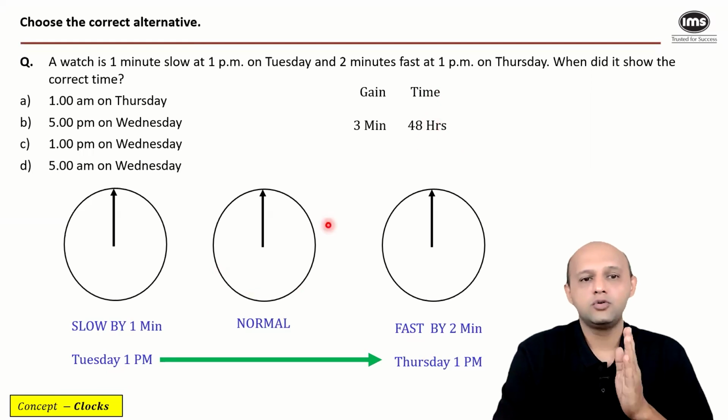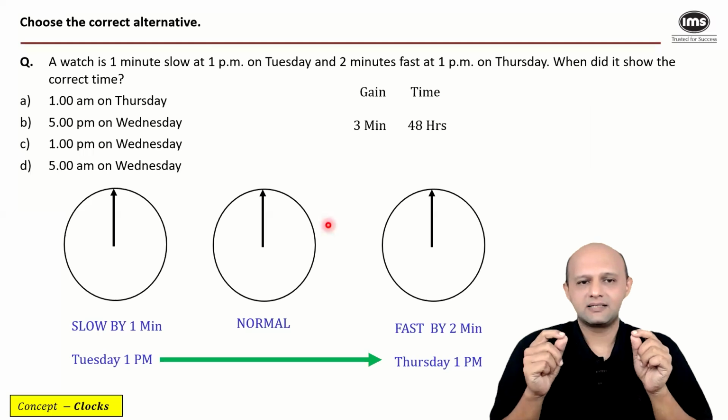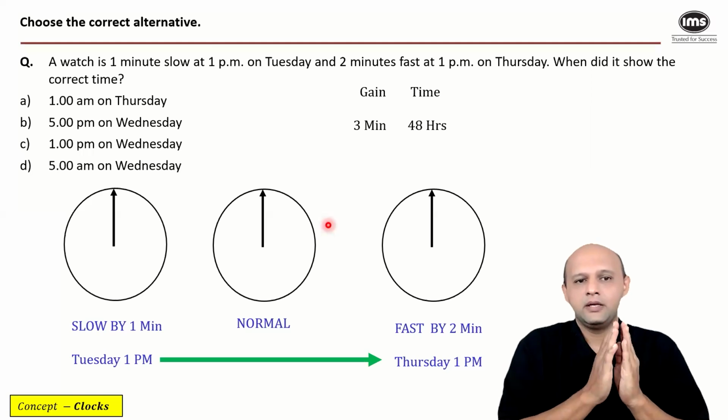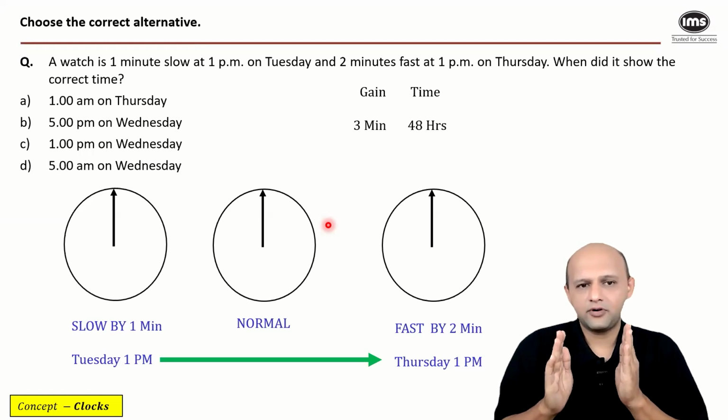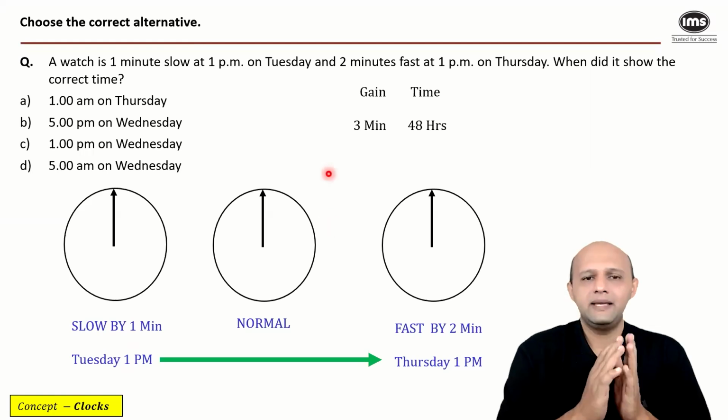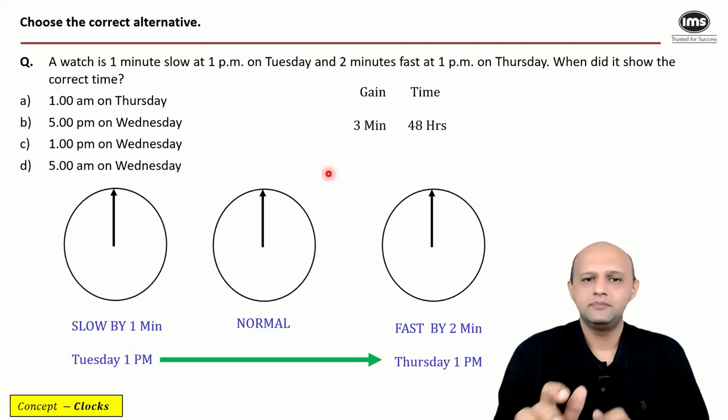So for the clock to show the correct time, assume a linear scale, you are at -1, 0, 1, and 2. So from -1 to 2 is a distance of 3 units. Now to show correct time means you need to shift from -1 to 0. To be able to show normal time, it has to gain a minute.